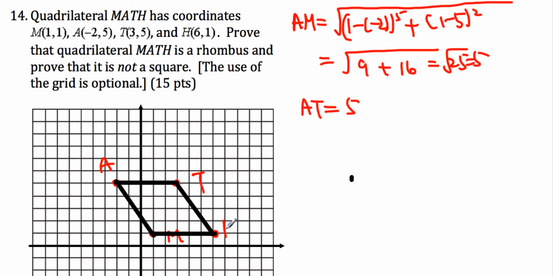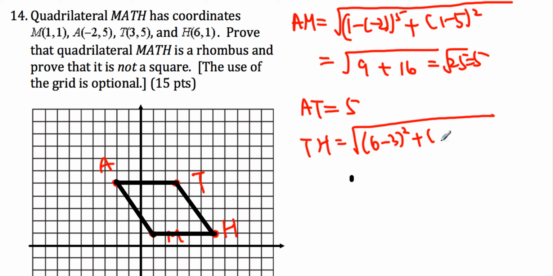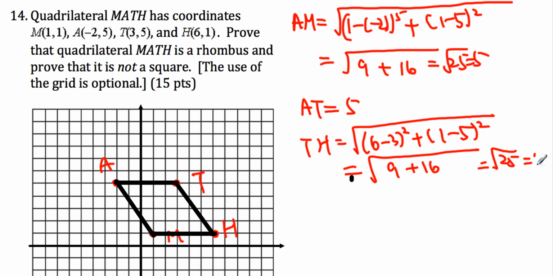How about this is H, so we get TH. So for TH, we're going to use the distance formula once again. 6 minus 3 squared plus 1 minus 5 squared. Then we end up getting 9 plus 16, which is equal to the square root of 25, which is equal to 5.